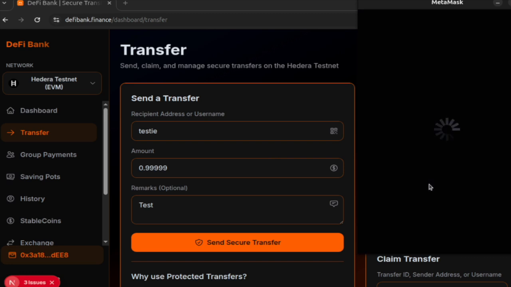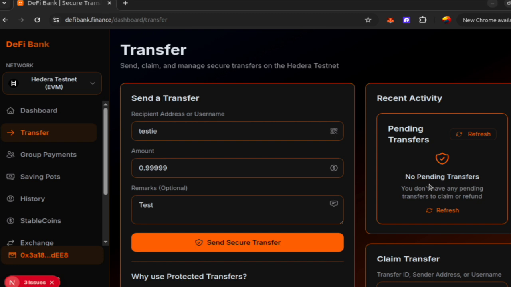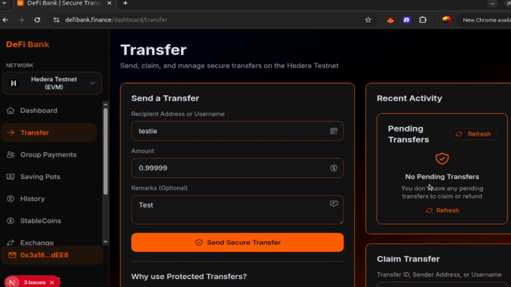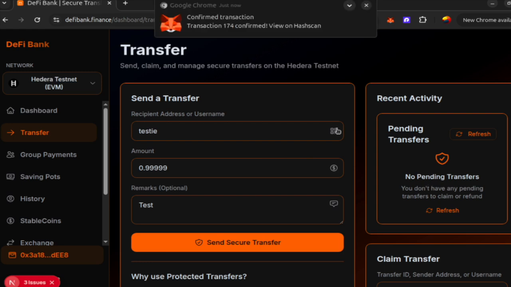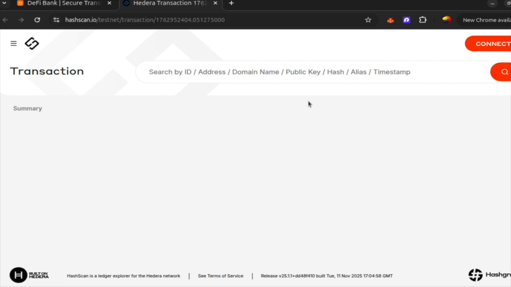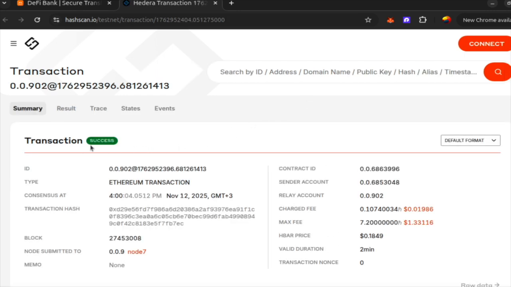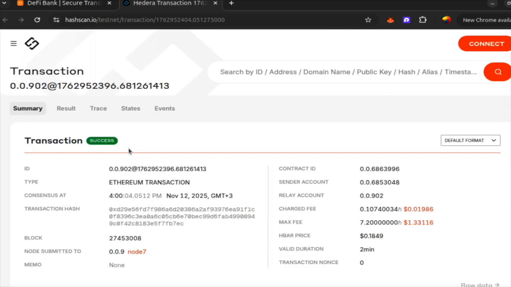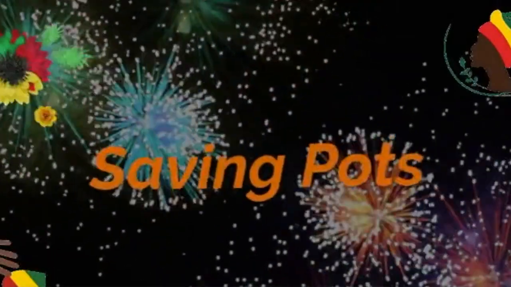Confirm transaction. Transaction is successful on a blockchain. You can see it on HashScan.